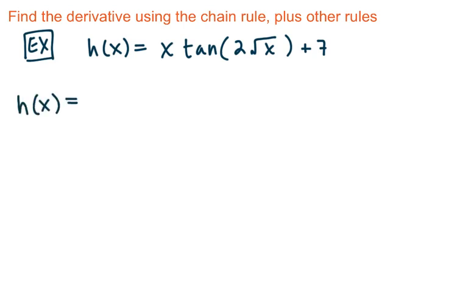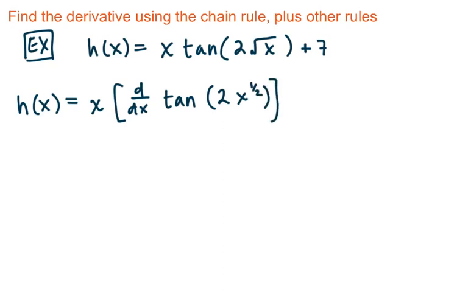h prime of x equals, the first is x, times the derivative with respect to x of the tangent of the quantity 2, and I'm going to rewrite the square root of x as x to the 1/2 power, plus the tangent of 2 square root of x times the derivative with respect to x of x.